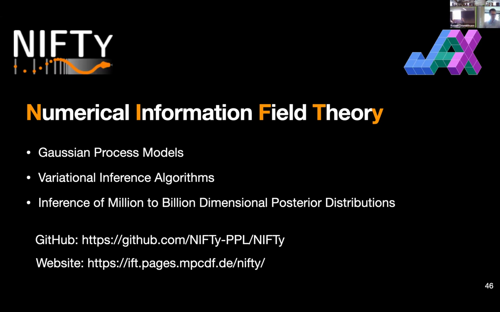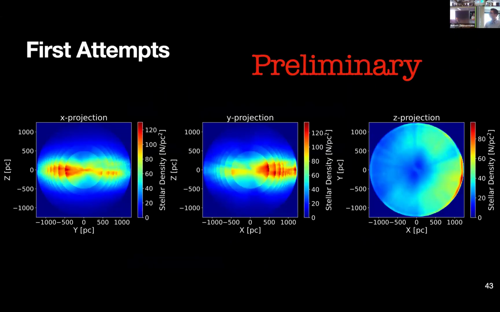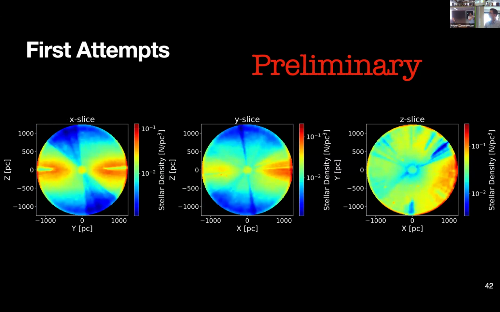Can you go back to your applied to real results, previous one, this one? So what is it that we're actually seeing here? So I said this is kind of a Y, Z, so this is above and below the galactic plane. And what is this structure we're seeing?